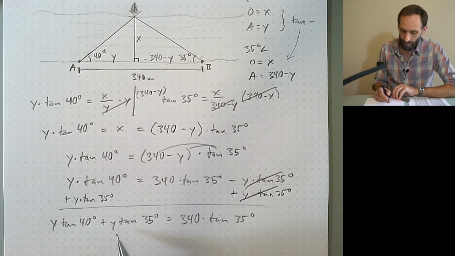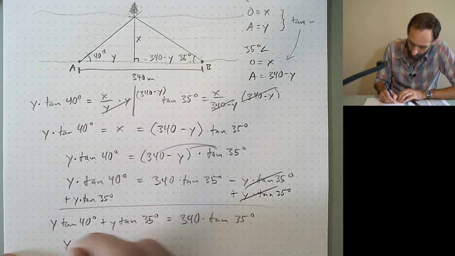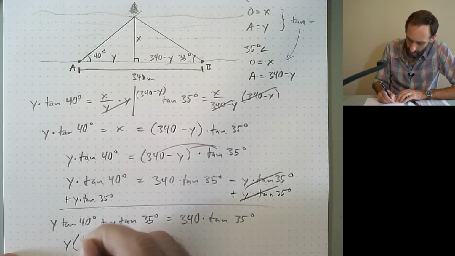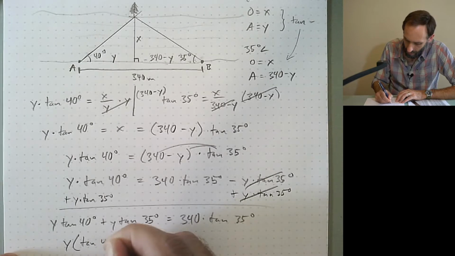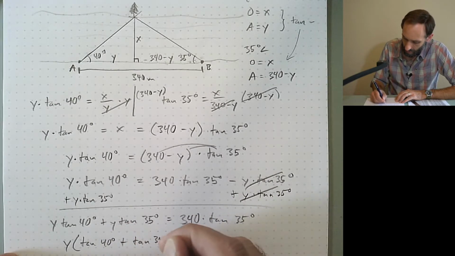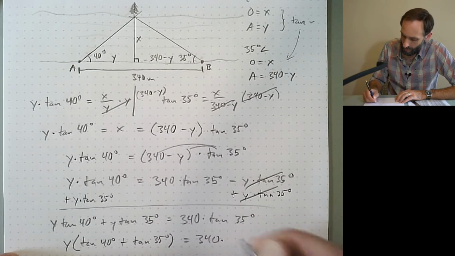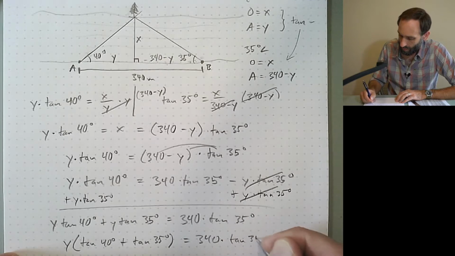So let's factor the y out, and inside the parentheses I'll have the tangent of 40 degrees plus the tangent of 35 degrees, equals 340 times tangent of 35 degrees.